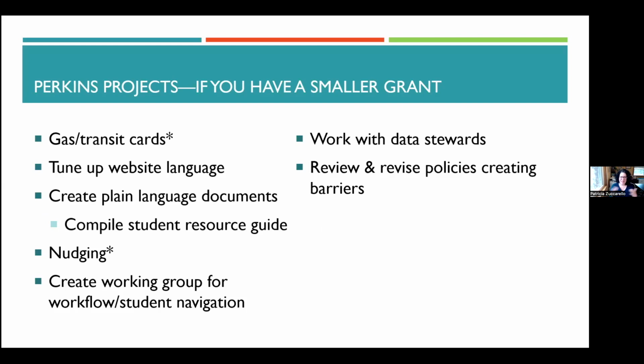So the size of the grant varies depending on different factors at your institution. So if you find that your institution is one of the smaller grants, these might be some of the kinds of things you could do as Perkins projects that would also benefit the students who are under the House Liaison umbrella. So we've already talked about the gas cards, and I'll show you some language about that.